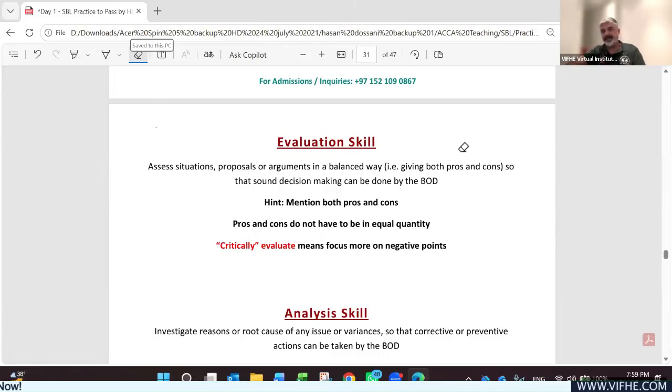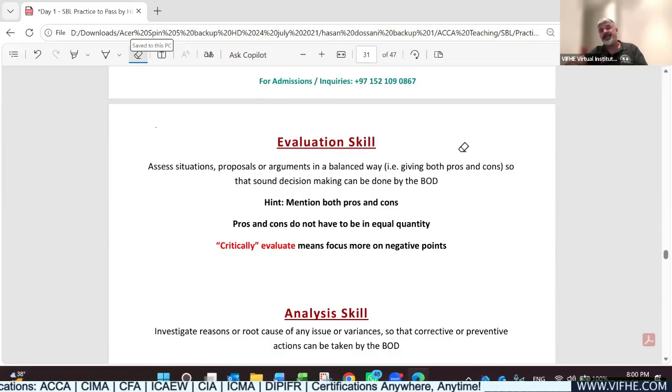Very good. The second thing I want to point out is that sometimes the examiner says critically evaluate. So he adds the word critically. Critically comes from the word criticize.